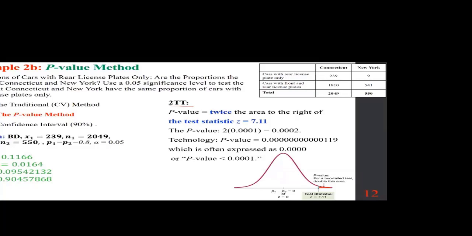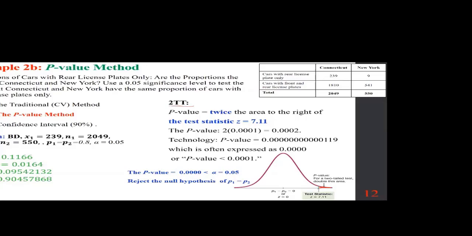Remember, the choice of alpha was 0.05. So the p-value is extremely small, and we reject the null hypothesis that P1 equals P2, and the rest of the writing we had in the previous page.